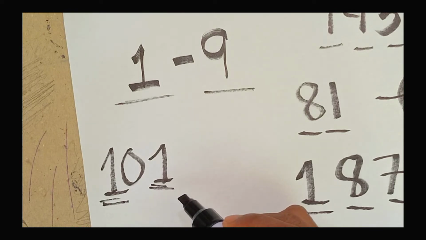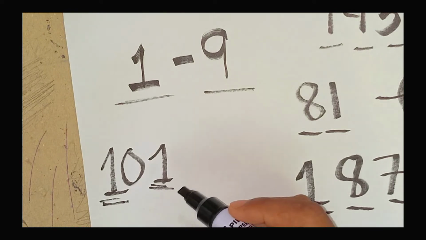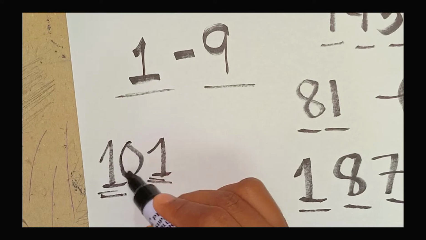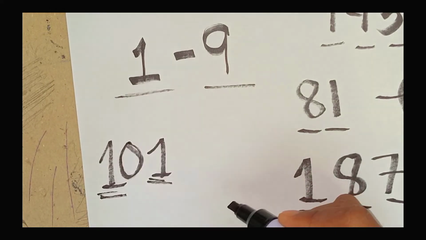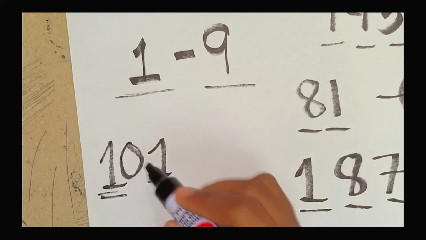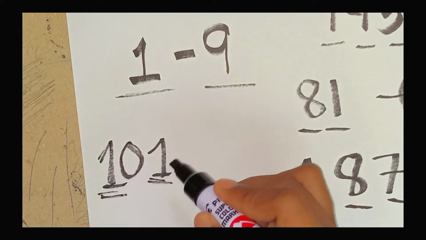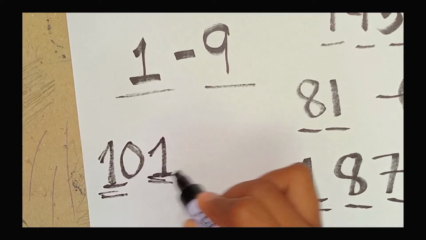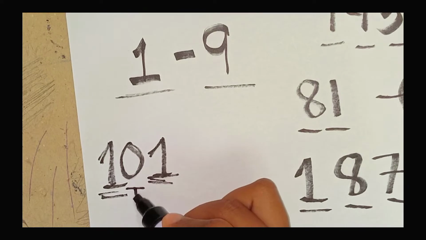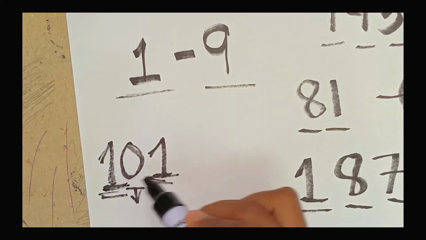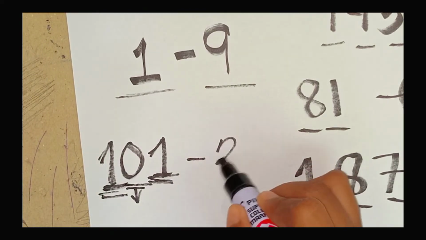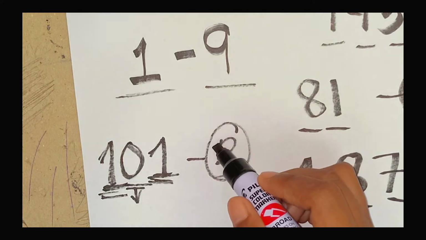So therefore, since the 0 here is surrounded by non-zero numbers on both sides, it is counted also as a significant figure. So we have 1, 2, 3. We have three significant figures.